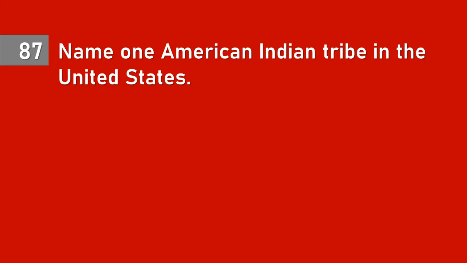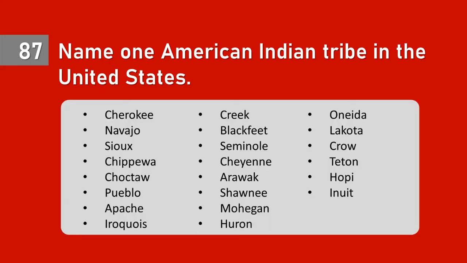Question 87. Name one American Indian tribe in the United States. Cherokee, Navajo, Sioux, Chippewa, Choctaw, Pueblo, Apache, Iroquois, Creek, Blackfeet, Seminole, Cheyenne, Arawak, Shawnee, Mohegan, Huron, Oneida, Lakota, Crow, Teton, Hopi, Inuit.